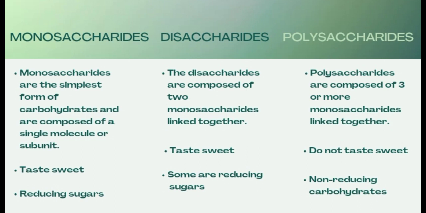Next is, since disaccharides are composed of 2 monosaccharides, therefore, it is composed of 2 chemical rings. Yung dalawang chemical rings na to is reducing and non-reducing sugar. Diba? So, therefore, hindi lahat ng disaccharides are capable of reducing sugars. There are some reducing sugars and there are some not. And one example of disaccharides is lactose, which is composed of galactose and glucose.